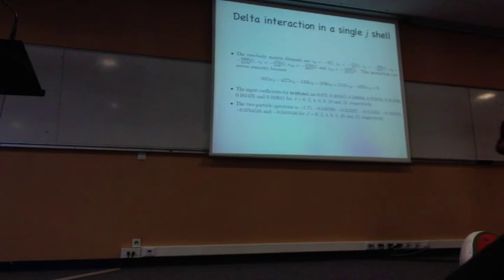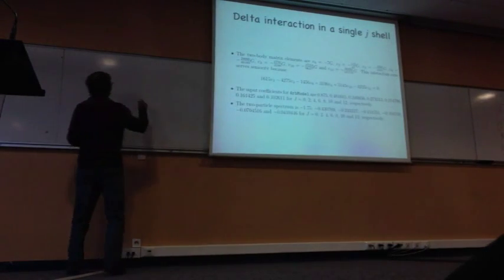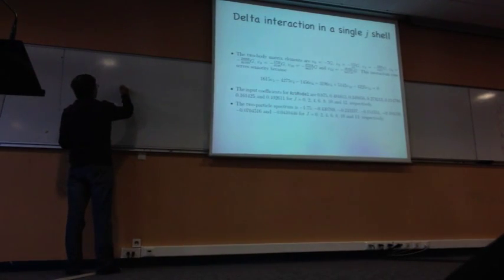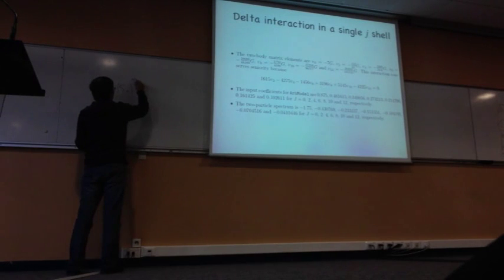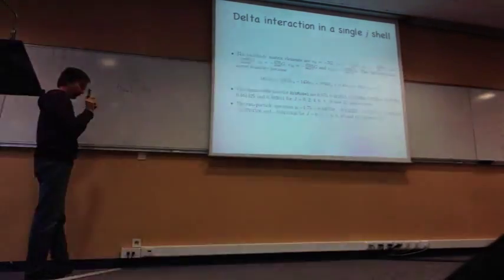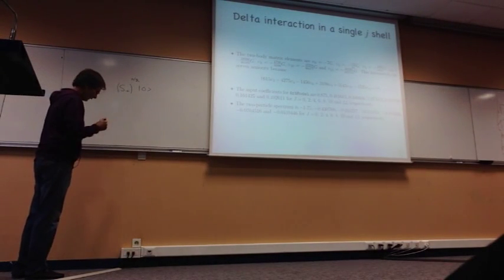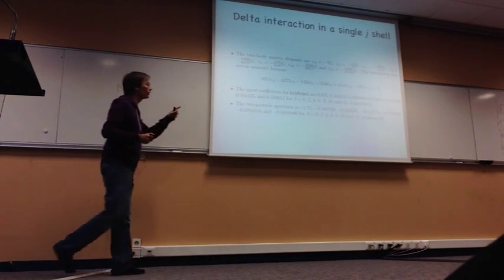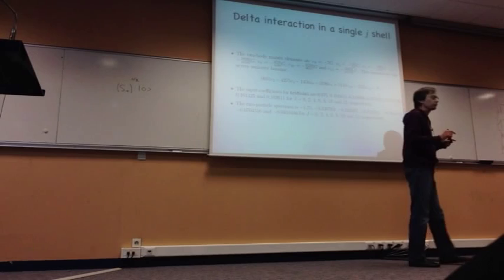Yesterday, I told you that if you have a pairing interaction, the ground state of a pairing interaction can be written like this. Okay, where this S plus creates a pair of particles coupled to zero. What this exercise showed is that the delta interaction also conserves seniority.